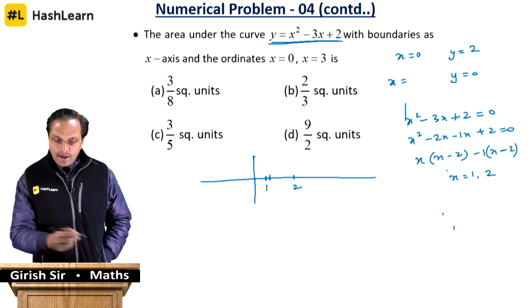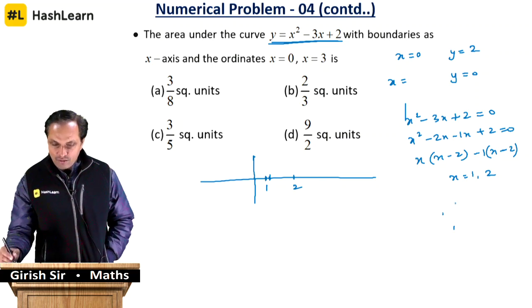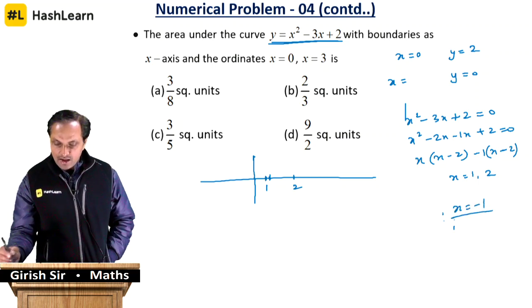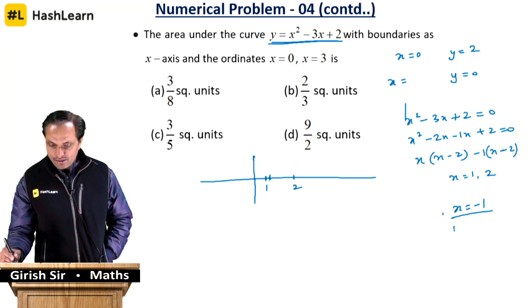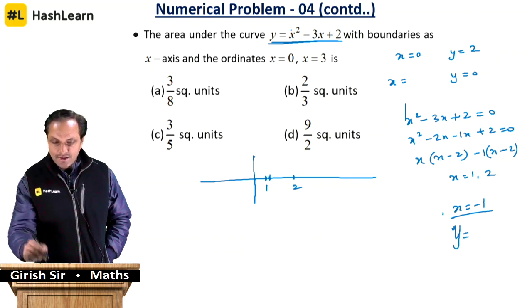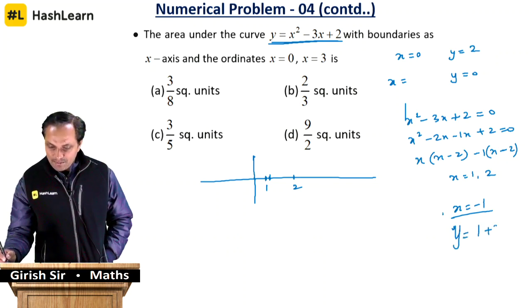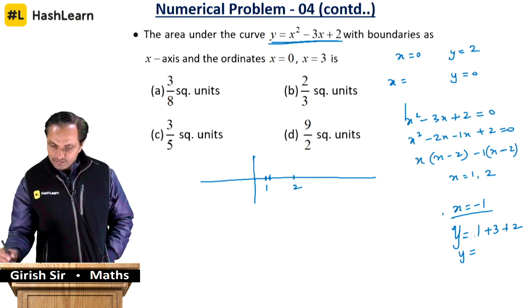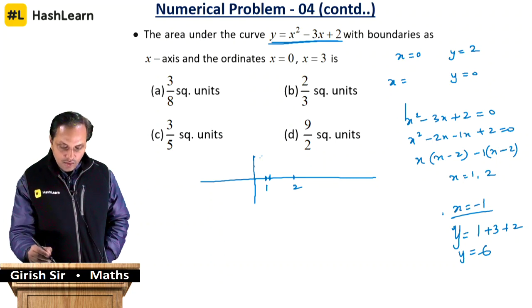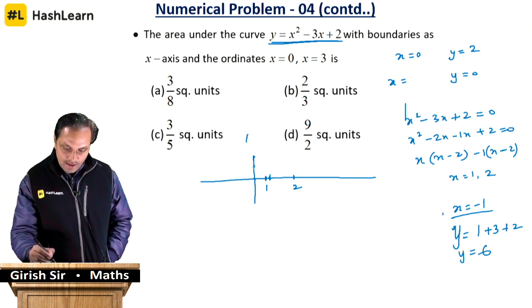Okay, so you can randomly take some points. What happens when x is equal to minus 1? अगर आप x is equal to minus 1 किए तो y will become, this is 1, that is plus 3 and that is plus 2. So that will give you 3 plus 1 4, y will be 6. तो ये हो जाएगा ऐसे, ये है आपका 2, 6 यहाँ पे आता है.